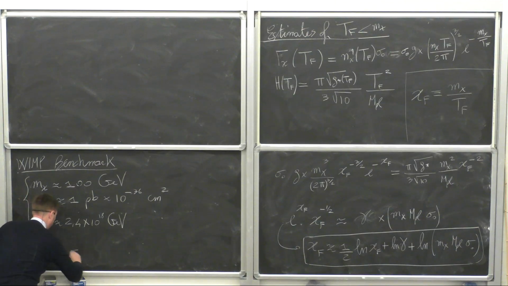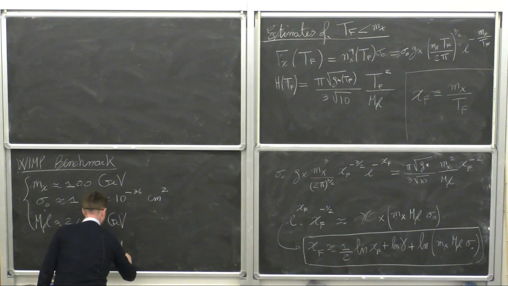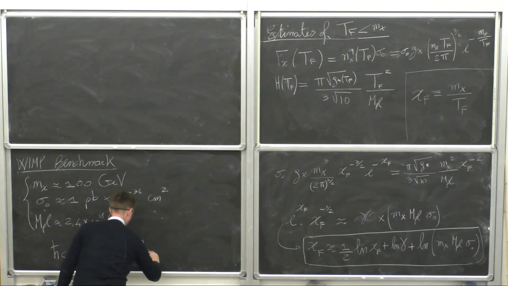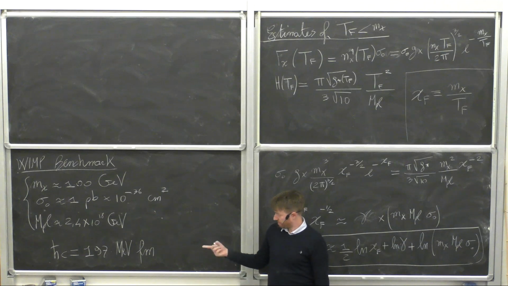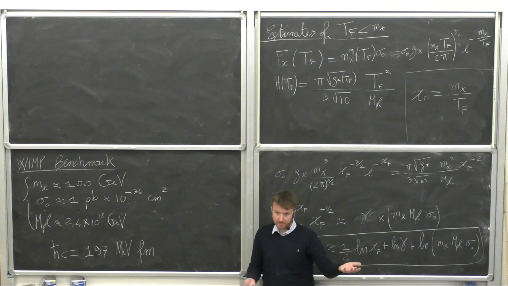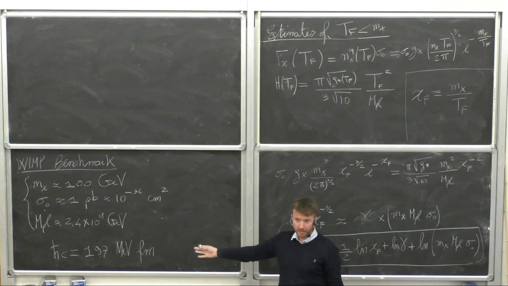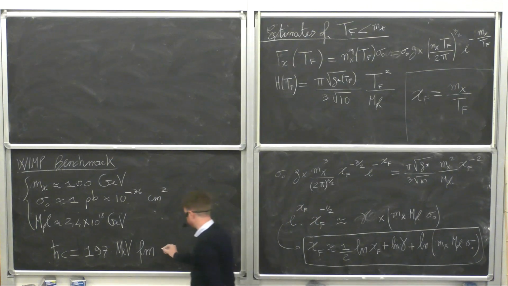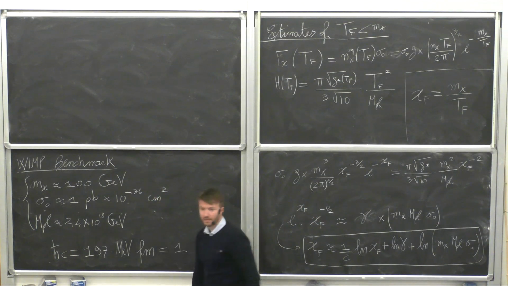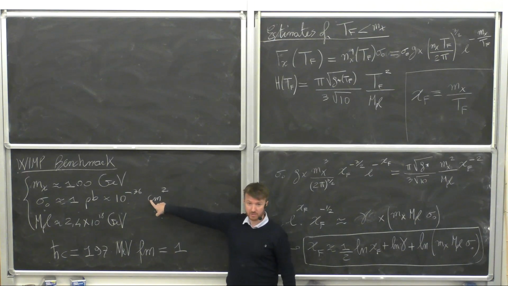I remember that in natural units this combination, hbar c, which is 197 MeV times Fermi, if I compute it with the numbers from the international system and convert the energy in joules into MeV, is equal to 1, because both hbar and c are equal to 1. So now I will use this equation to convert the cross-section into GeV to the minus 2.